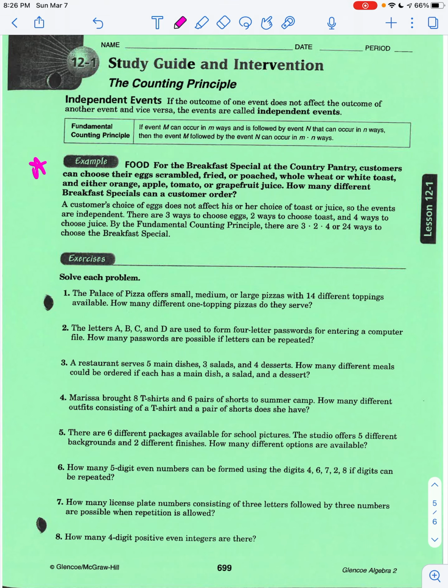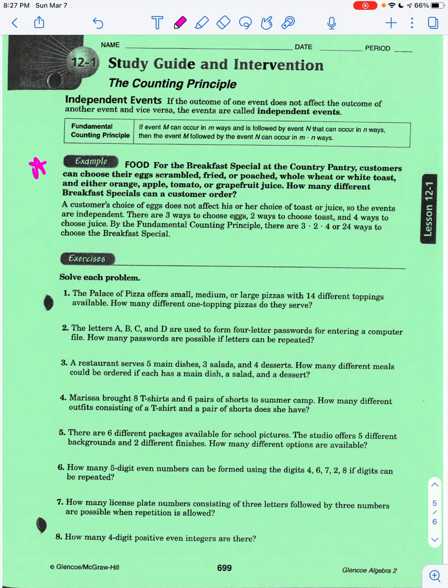Whole wheat or white toast, 2 ways to choose toast, and either orange, apple, tomato, or grapefruit juice, which means there's 4 choices for juice. So the number of different breakfast specials, assuming you're ordering one of each, would be the product of 3 times 2 times 4, or 24 ways to choose the breakfast special.